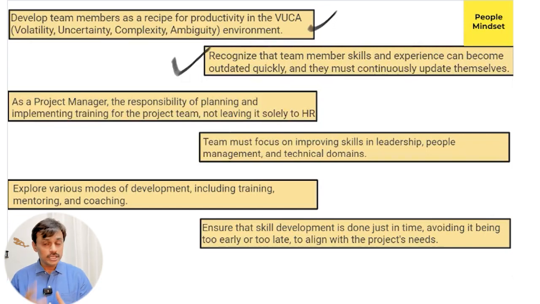So I need to continuously keep looking at the new environmental impact, which triggers development of new competencies, and keep looking at what people are doing and what skills they should be building.